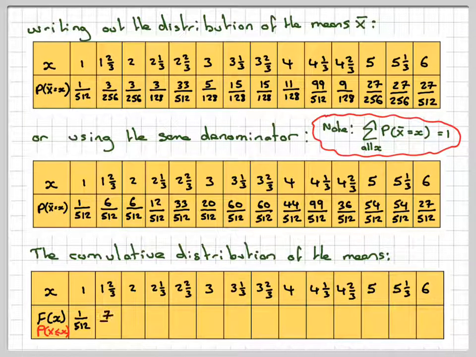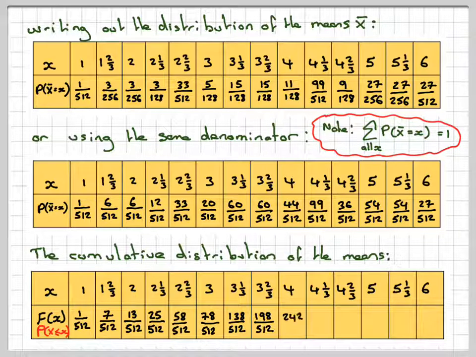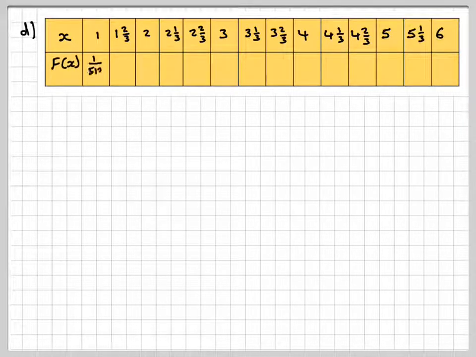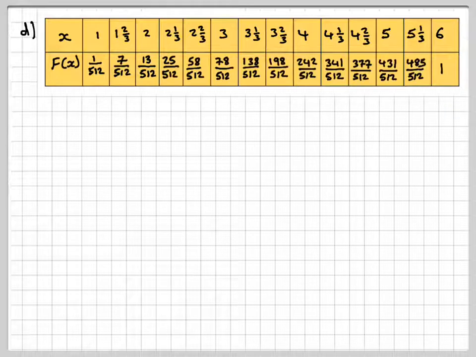So 1 plus 6 gives you 7, 7 plus 6 gives you 13, and so on all the way through, up to this one, and then when you add in 27 to this one, you're going to get 512 over 512, which is 1, which is what was expected. So just write it out again.